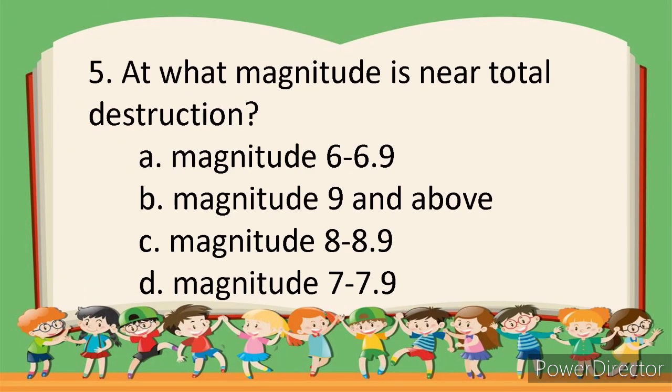Number 5. At what magnitude is near total destruction? A. Magnitude 6 to 6.9, B. Magnitude 9 and above, C. Magnitude 8 to 8.9, or D. Magnitude 7 to 7.9. Please write your answer.